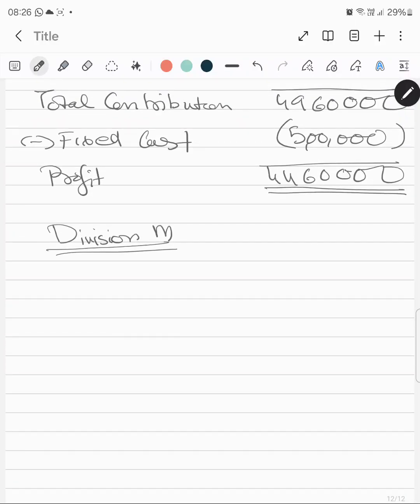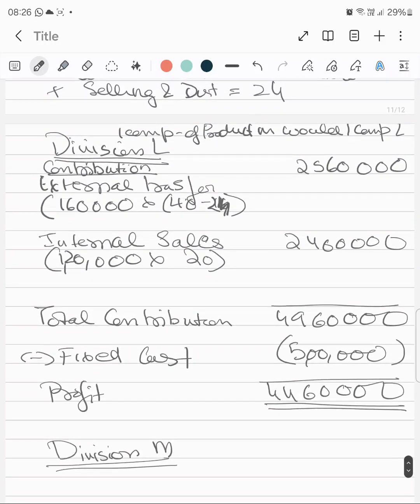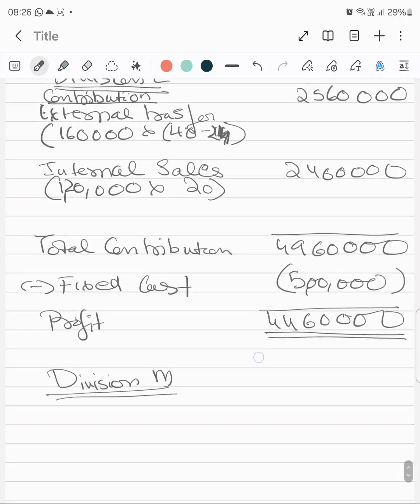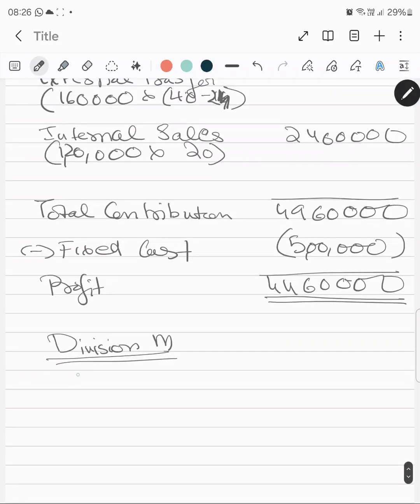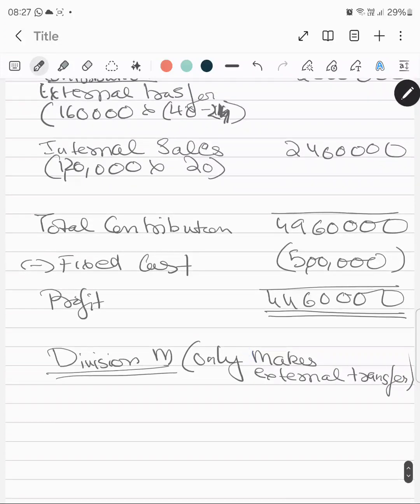Now let's come on to division M. Division M makes an external transfer of 1,20,000 units, and it only makes external transfer.